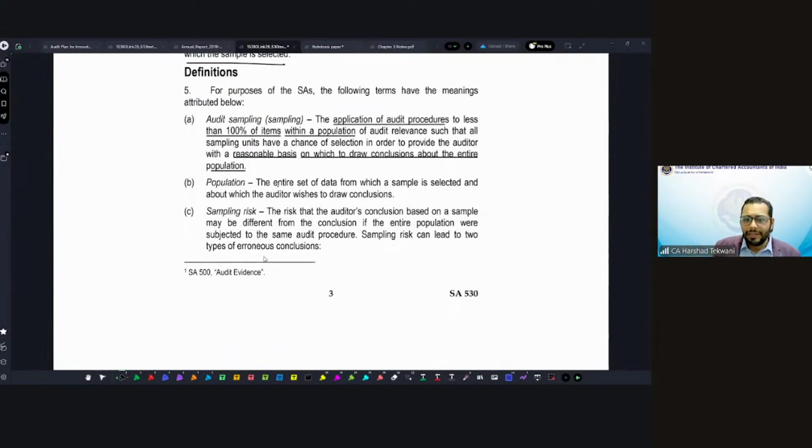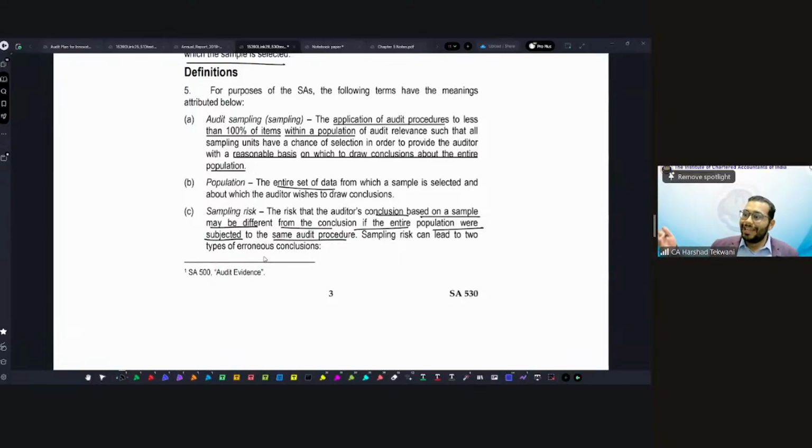Now again, population is the entire set of data. Sampling risk, which we already discussed, is nothing but that the conclusion based on the sample may be different from the conclusion if the entire population were subject to the same testing. Audit procedure means testing.